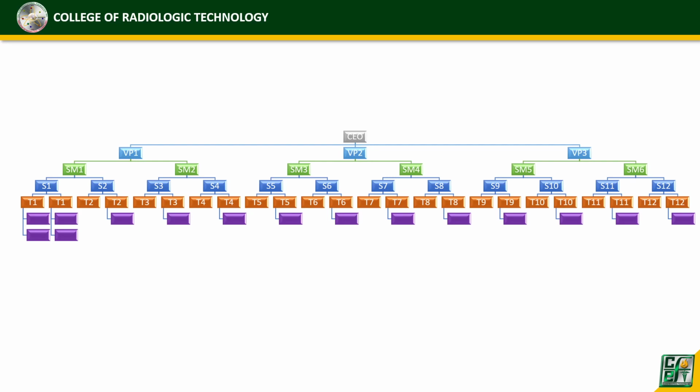And bawat team leader, may mga certain number of individuals. And sa NARO, naglalaro lang sa between 3 to 6 ang span of control. Okay, 3 to 6 yung nasa pinaka ibaba. Pero usually, ayan, marami siyang level.